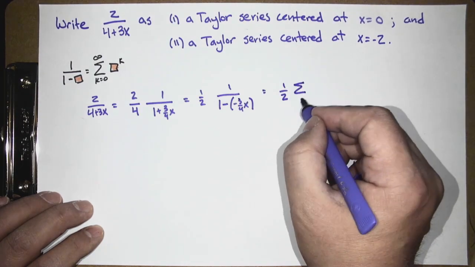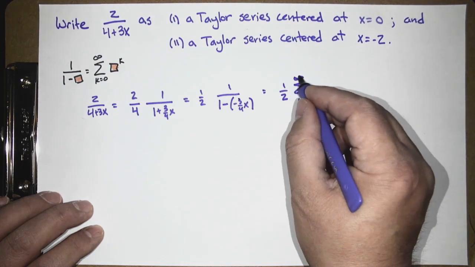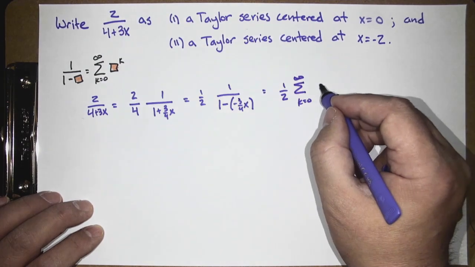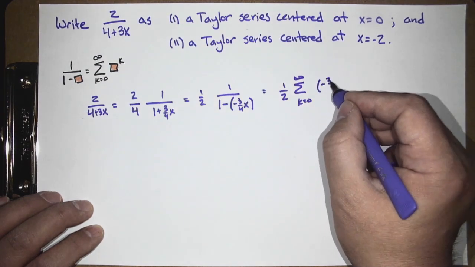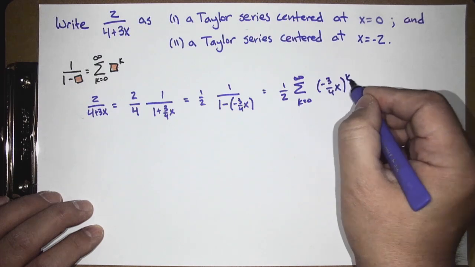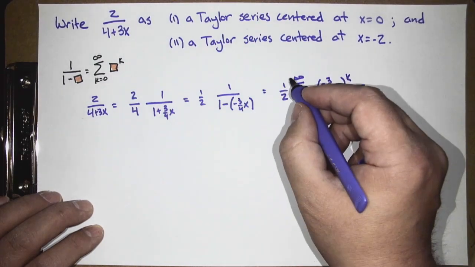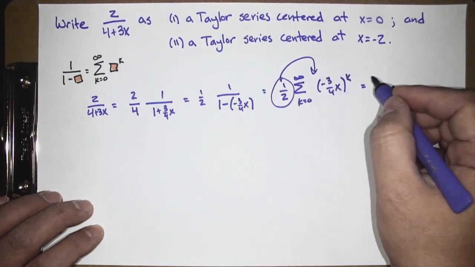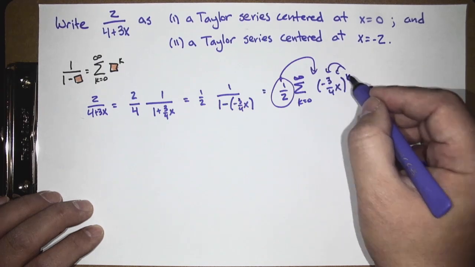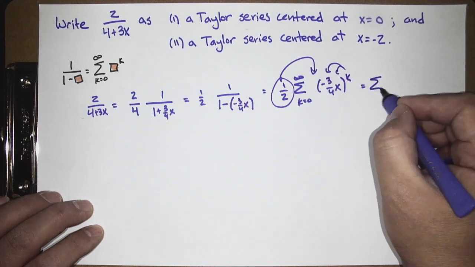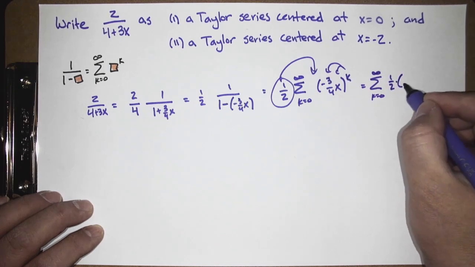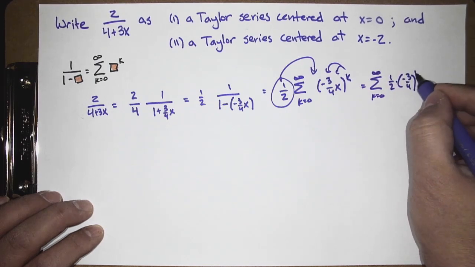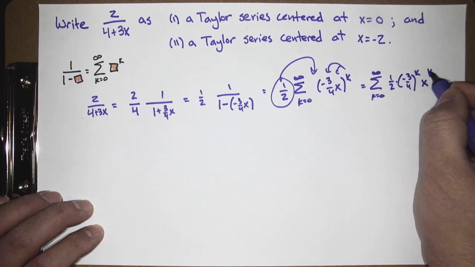So this becomes 1/2 sum. We know what's in the box, minus 3/4 x. So we have sum k equals 0 to infinity, minus 3/4 x to the k. And if we want to, we could bring this 1/2 in, and then we could distribute this k power through. So we could say this is the sum from 0 to infinity of 1/2 times minus 3/4 to the k power x to the k power.